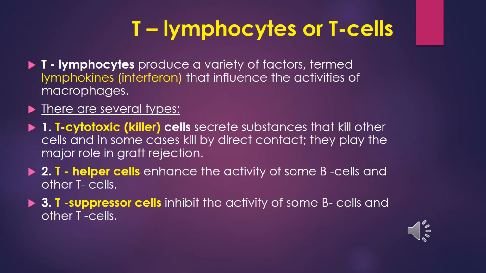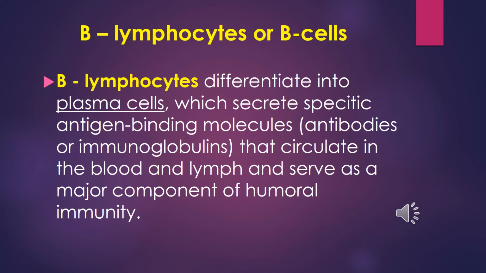T suppressor cells, after the immune reaction, decrease the immune response and form inactive T and B lymphocytes. B lymphocytes, or B cells, differentiate into plasma cells which produce antibodies, very important for protection against specific antigens.